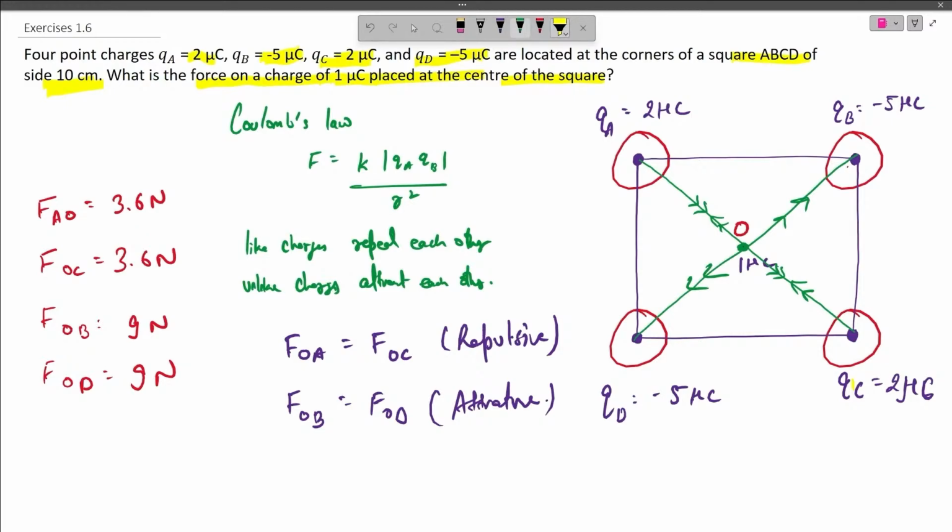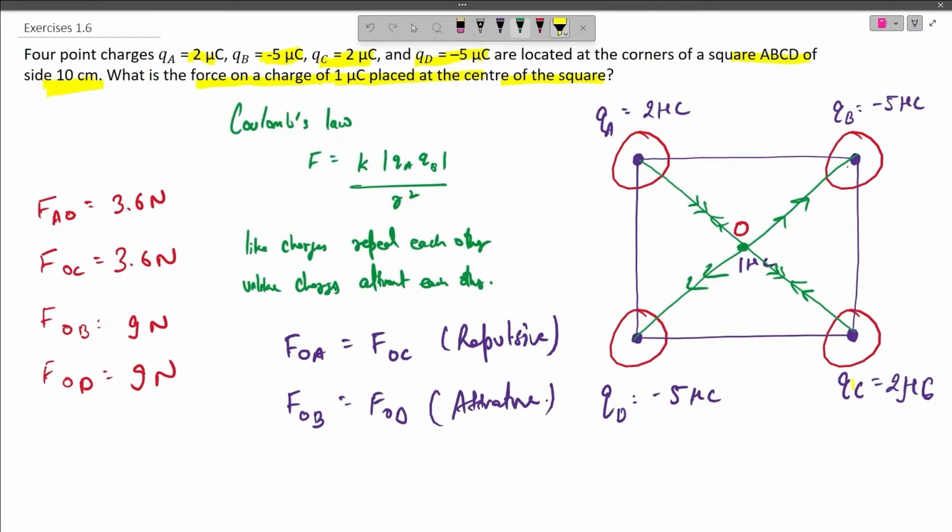We know that electrostatic force is given by Coulomb's law, mathematically expressed as force equals K times QA QB divided by R square, where QA and QB are the charges of the particles A and B. Coulomb's law also states that the force between these two particles would be along the line joining them.